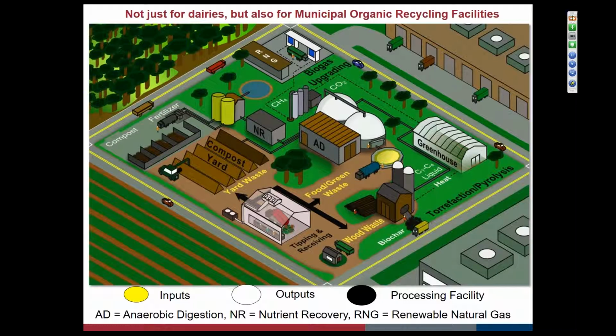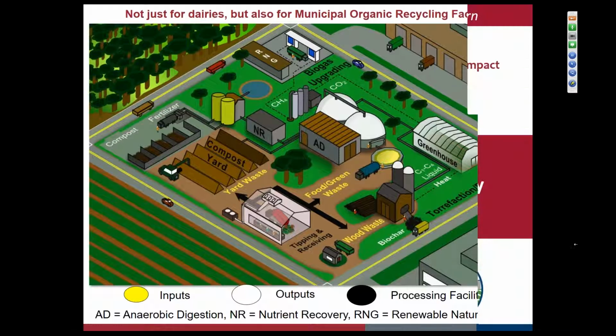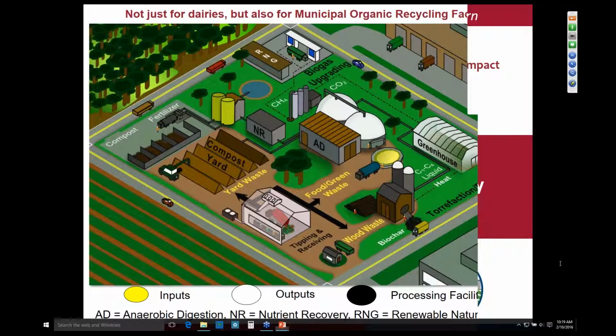So a final slide before I turn the webinar over to Tim depicts a very similar conceptual model, only this time applied in a municipal organics recycling facility. In this case, rather than a core influent of dairy manure or food processing waste, the idea builds that many of our existing municipal composting facilities around the country already deal with yard waste and food waste, in many cases post-consumer food waste.